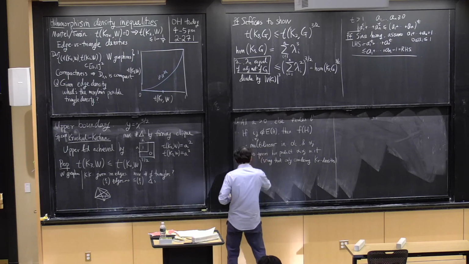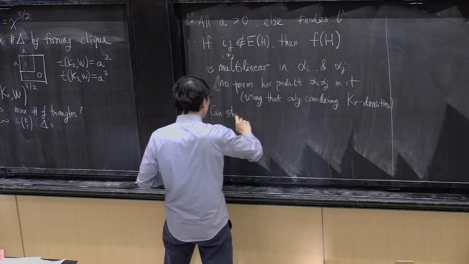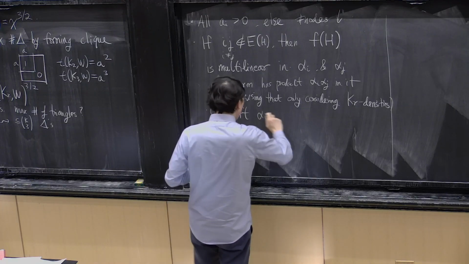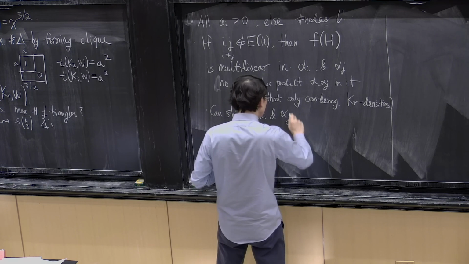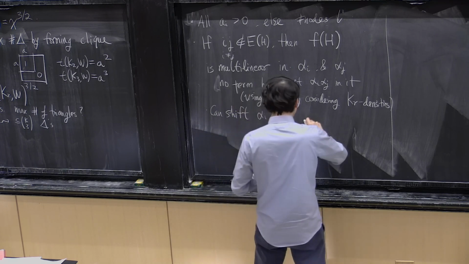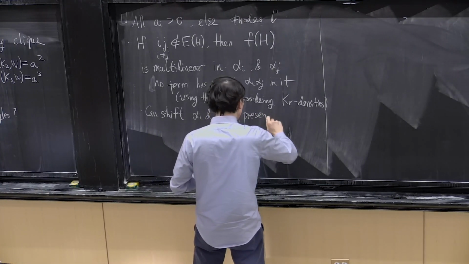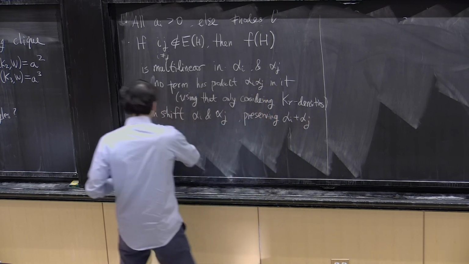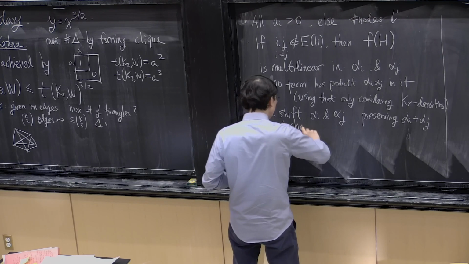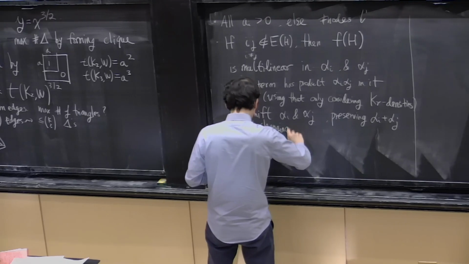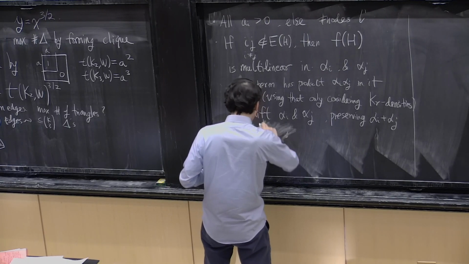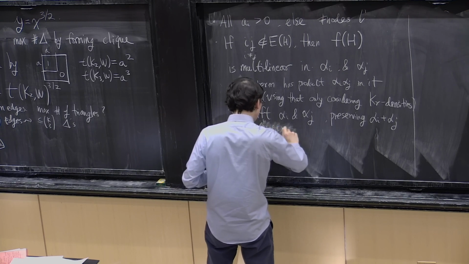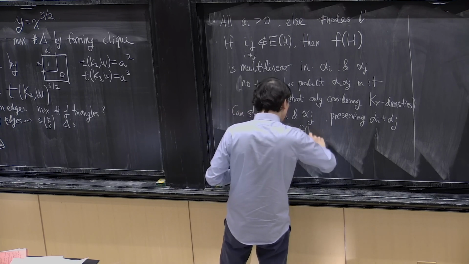So we can shift alpha i and alpha j while preserving alpha i plus alpha j, and not increasing f of h.